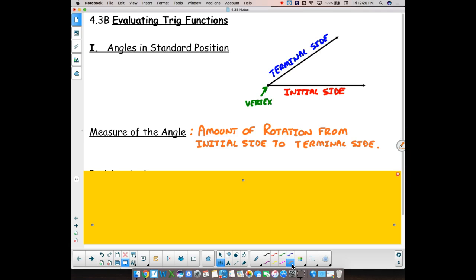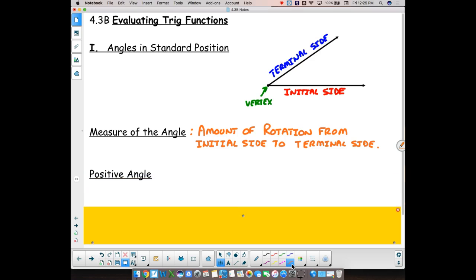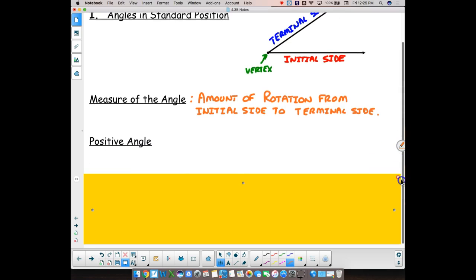Clockwise would be going around, if we think about it on the unit circle, in this motion. Counterclockwise would be going around in this motion. So if we refer back to the unit circle once again, a positive angle has counterclockwise rotation.